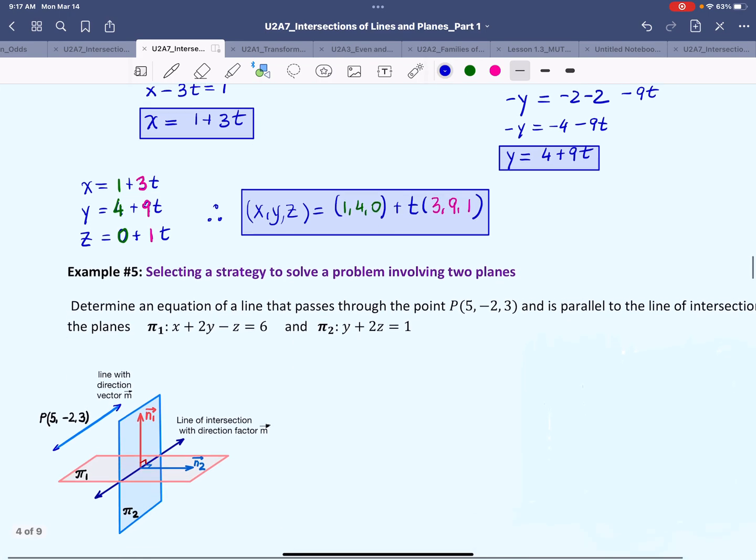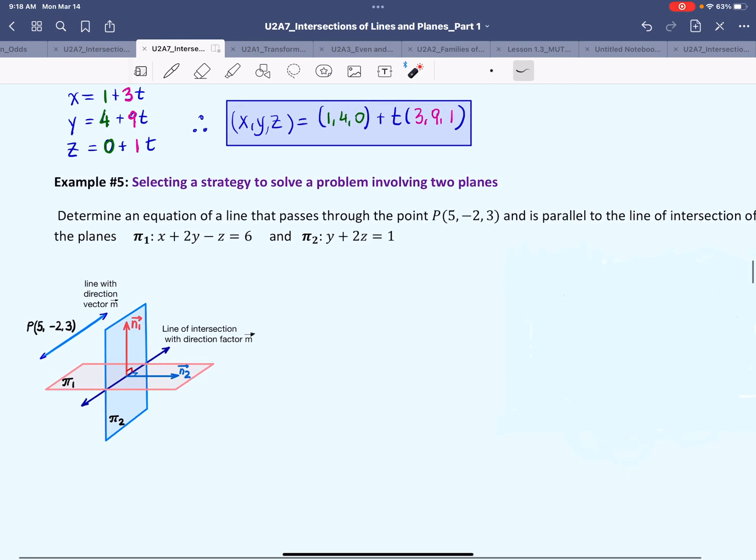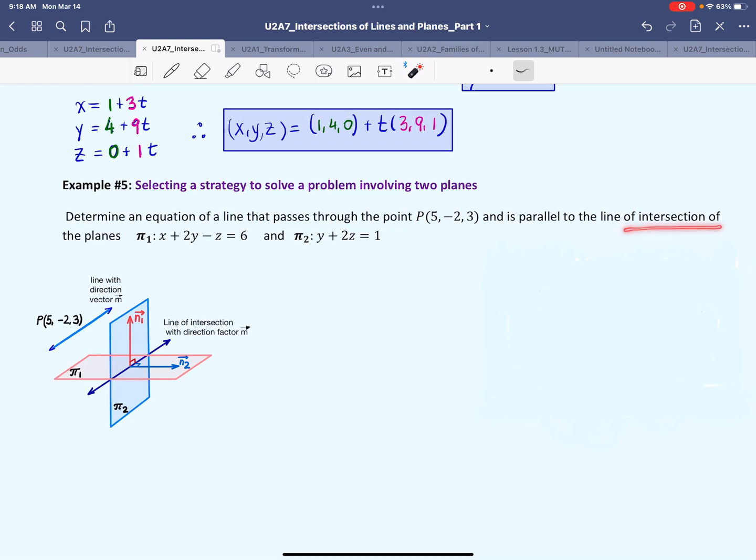Now let's take a look at our last example for this lesson, example 5, selecting a strategy to solve a problem involving two planes. In this case, we have to determine the equation of a line that passes through some point with coordinates 5, negative 2, 3, which we call point P, and is parallel to the line of intersection of the planes pi1 and pi2.